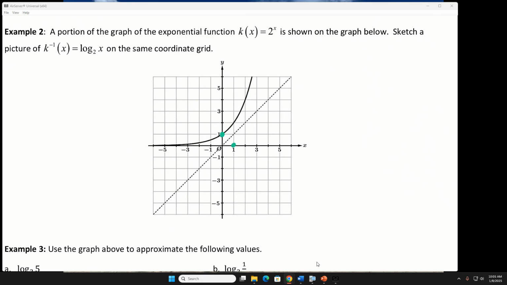So (1, 0) is going to be on my inverse function. We also have the point (1, 2) on the original graph f. So (2, 1) should be on the inverse. And (2, 4) is on f. So (4, 2) is on the inverse of f.